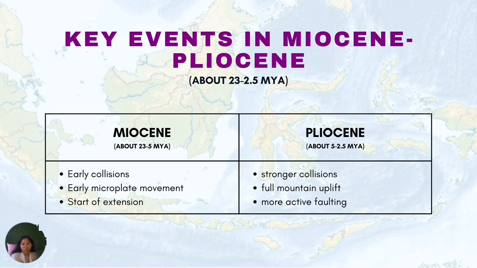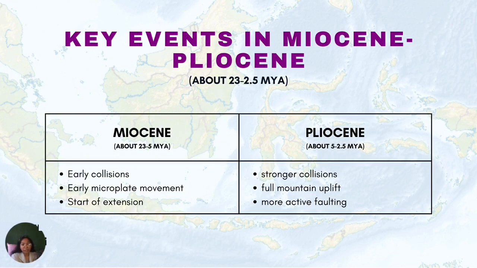These collisions triggered the initial movements of microplates like the Banda and Timor microplates within the region. At the same time, we started to see early signs of crustal extension, especially in the eastern parts of Indonesia, which began forming rift zones and opening of small basins.